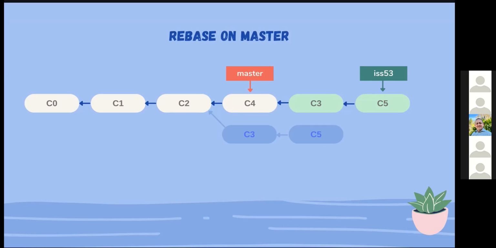But I need a linear history in order to be able to fast forward the master branch to the latest commit. So I rebase my branch on master, which basically says instead of having C3 have C2 as its parent, have C3 have C4 as its parent. And then fast forward just means I'm going to take master and slide it all the way to the end. It's like a nice visual.